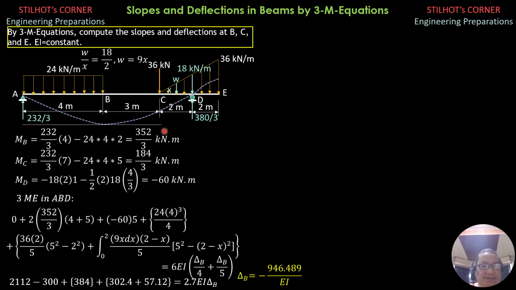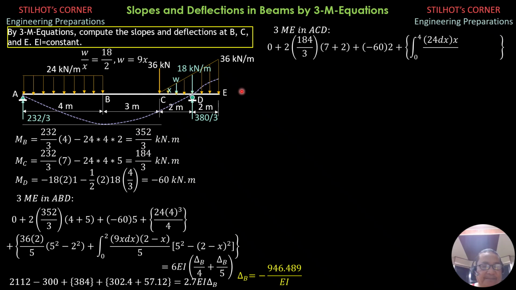Next, for delta C, we consider the three-moment equation in ACD. So the moment at C, remember, is 184 over 3. Moment at A is 0, plus 2 times MC, 2 times 184 over 3, quantity 7 plus 2 this time, the different spans, then plus M sub D times 2, then plus for this span, there's a load here, by integration.